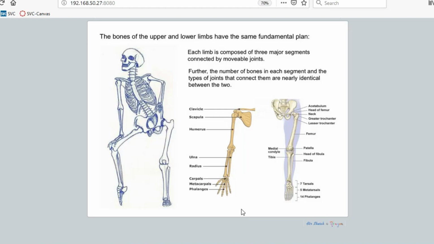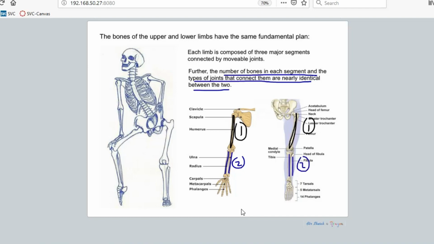What these also have in common is that the number of bones in each segment and the types of joints that connect them are nearly identical between the two. So for instance, how many bones do we have in the upper arm? We just have one. How many bones do we have in the upper leg? We just have one. What about the lower arm? How many bones do we have here? Two. How many bones do we have in the lower leg? Two. Okay.